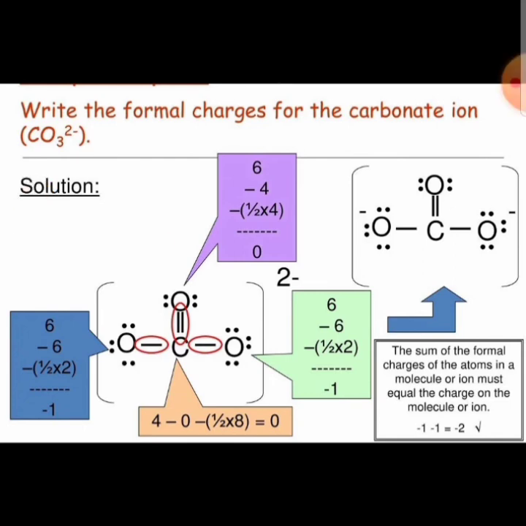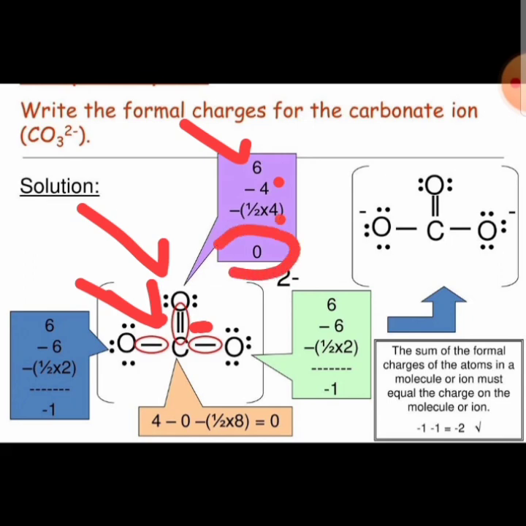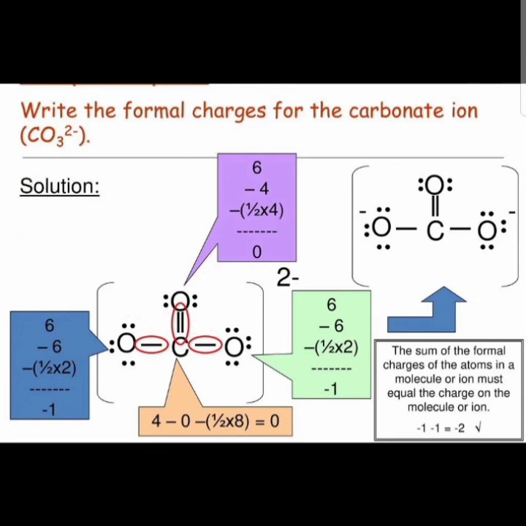Similarly, on this oxygen we are going to calculate the formal charge. The number of valence electrons on oxygen is 6, minus the lone pair electrons, 2 twos are 4, minus half into the number of bonded electrons, 2 covalent bonds are there, so 2 twos are 4. When you calculate, you will get 0, so on this oxygen there will be no formal charge.